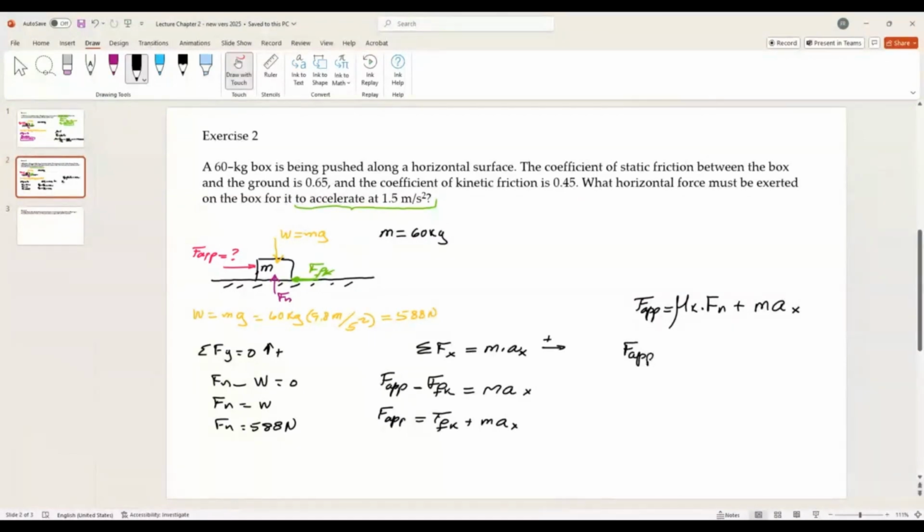So now we substitute and we get mu sub k, the coefficient of kinetic friction 0.45, times the normal force 588 newtons, plus the mass 60 kilograms times the acceleration 1.5 meters per second squared.